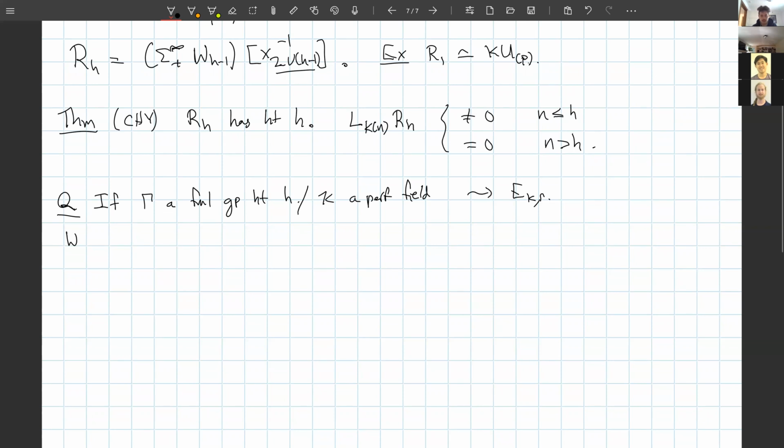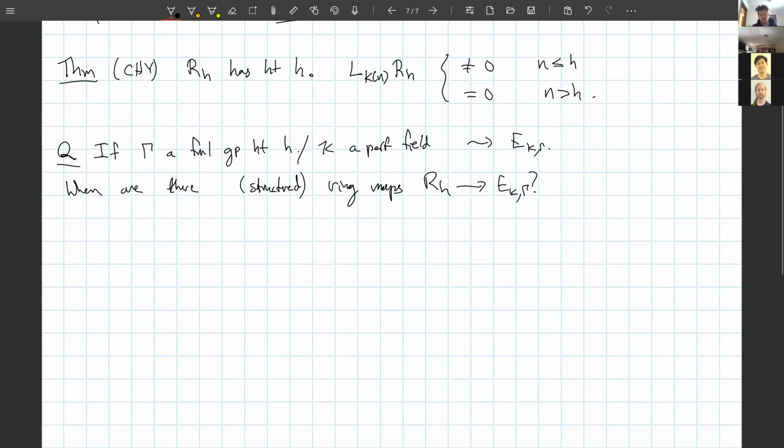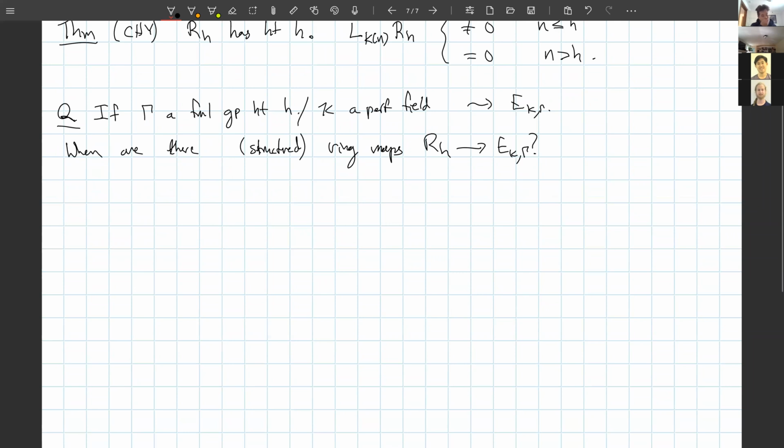And the question is, when are there structured or unstructured ring maps from R_H to E_K(gamma)? This is the main thing that we investigate, when these orientations could happen. And it seems to have something to do with the arithmetic of gamma.